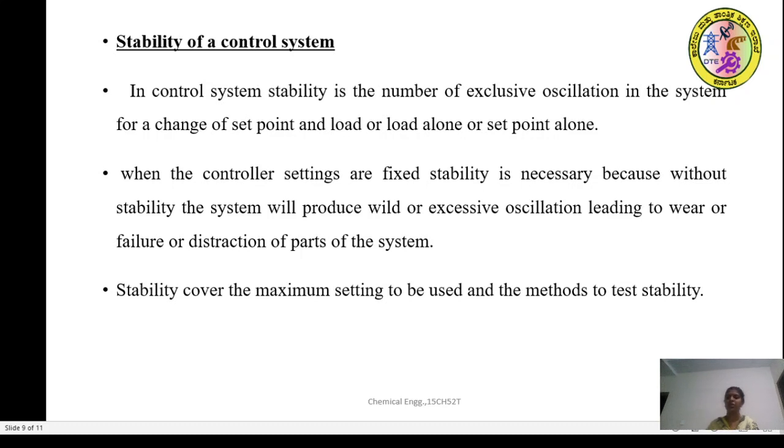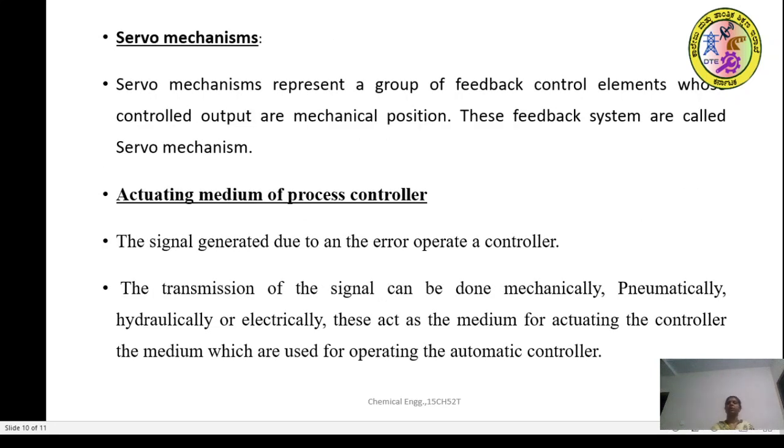Stability covers the maximum setting to be used and the methods to test the stability. This is the stability of the control system.